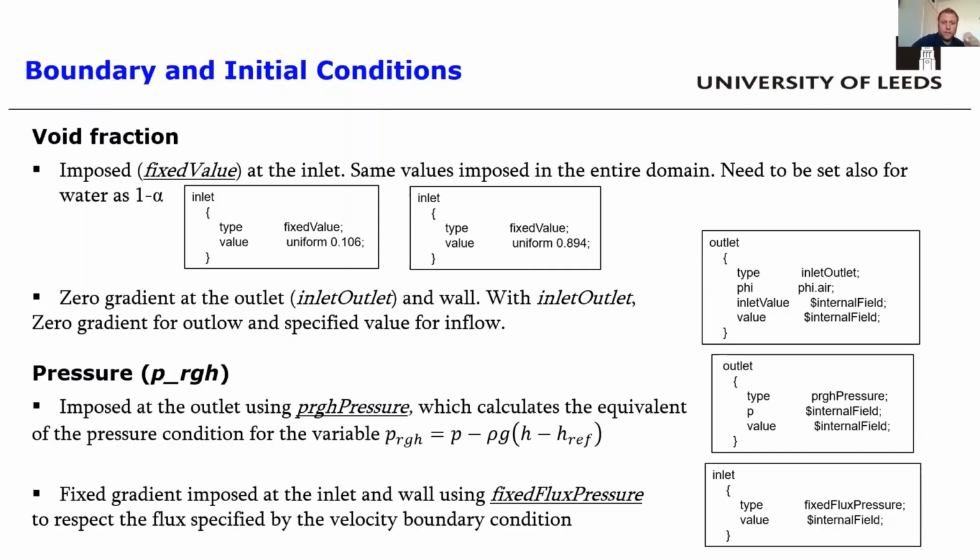At the inlet and at the wall, we have a fixed gradient instead of a zero gradient, and that fixed gradient is imposed using the fixed flux pressure boundary condition, which means the gradient is fixed at a value that allows us to respect the velocity imposed by the velocity boundary condition on the same location.